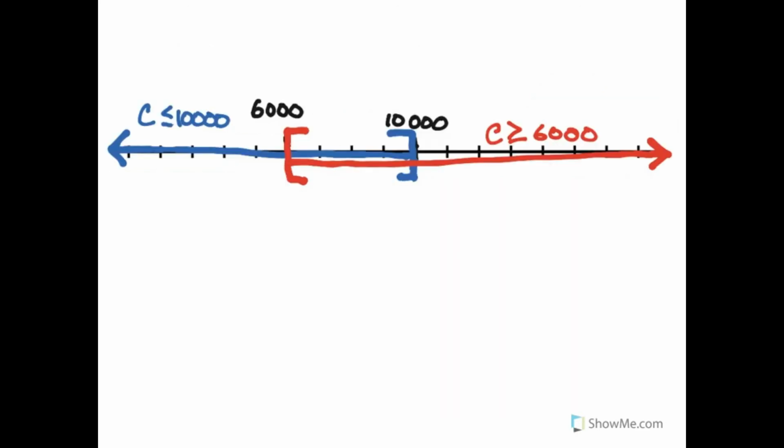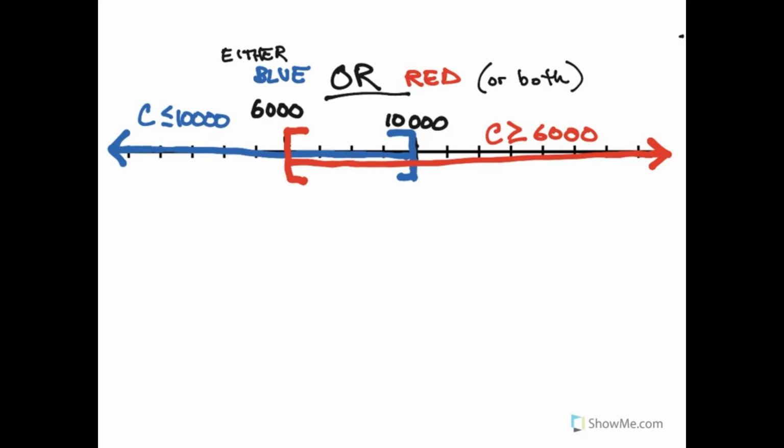Suppose we were to join the two inequalities with OR instead of AND. Well, what that would mean is we're interested in parts of the number line that are shaded either blue or red. But that's the whole number line. All of the number line is shaded either blue or red or both. To write that, we would write the intervals.